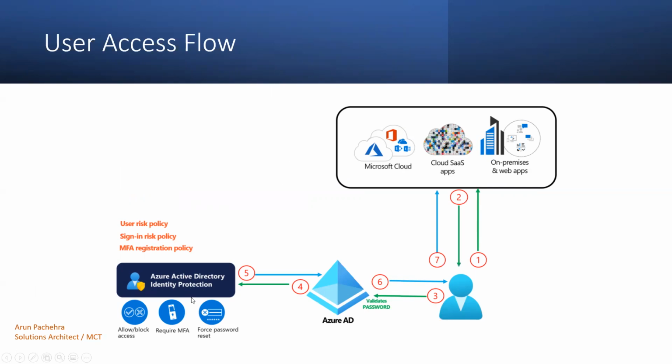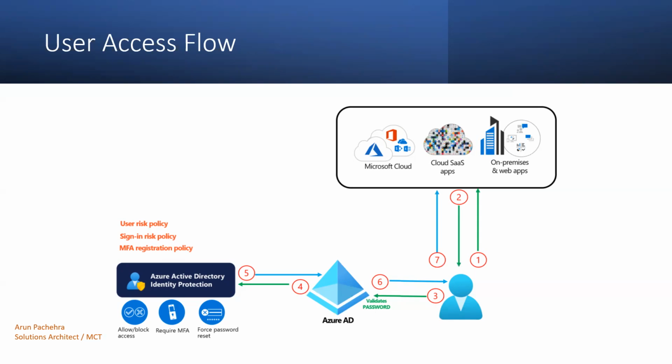Seems quite familiar from when we did the conditional access. The same thing is happening. The user goes to Azure AD, validating password and everything. But before it gives the go ahead, it has to validate these policies. So step 4 and then validation, then 5. If no user or sign-in risk is detected, and the MFA registration policy does not apply, then the flow continues.